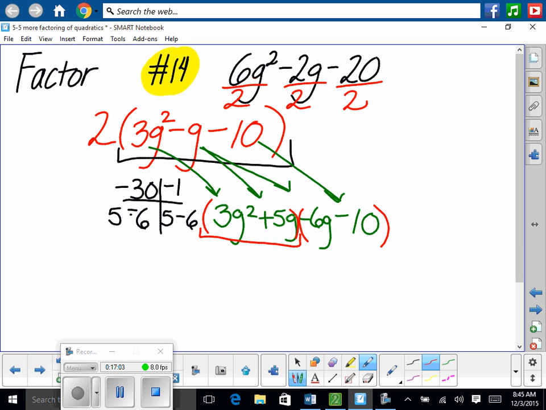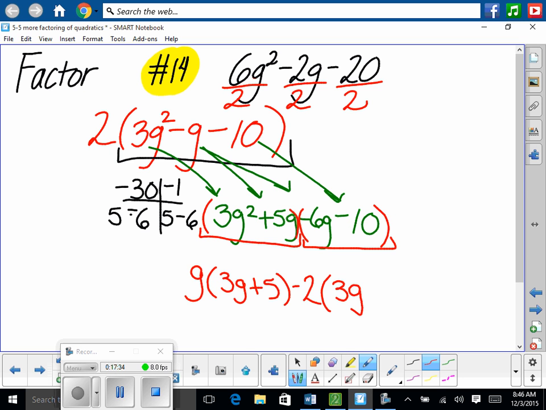Factor each group. What's in common in group 1? G. So what's left is 3g plus 5. Are you guys following me still? Okay. Factoring out a negative something, but negative what? Factoring out a negative 2. Divide each thing by negative 2. So negative 6g divided by negative 2 is positive 3g.